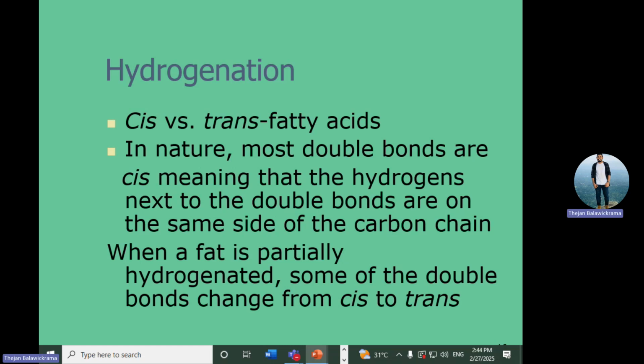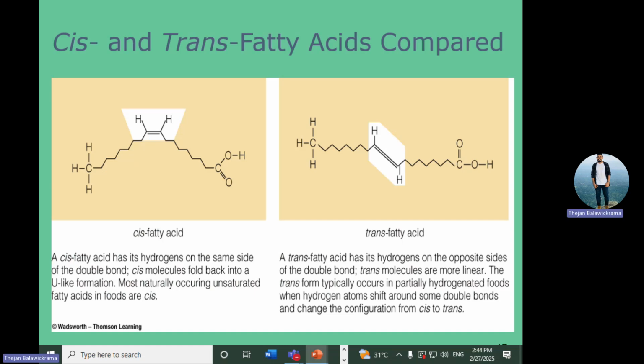You know that. So cis and trans. Look at this. Now, H and H, the equal groups, those two equal groups are on the same side from the double bond. And the same H and H, they are on the opposite side.